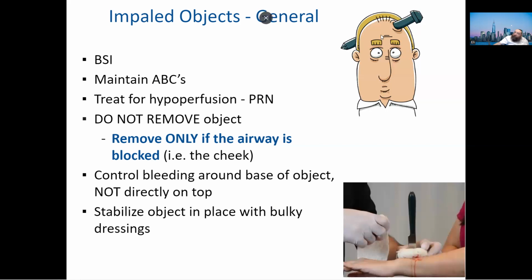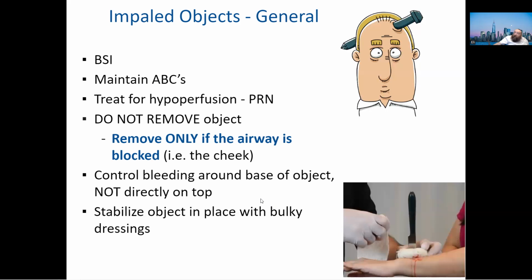So if it's not affecting the airway, leave it in. All right? Do not remove the object unless the airway is blocked. So it may be going through the cheek and then blocking the airway, causing tongue problems, swallowing problems. Get it out. Yes.